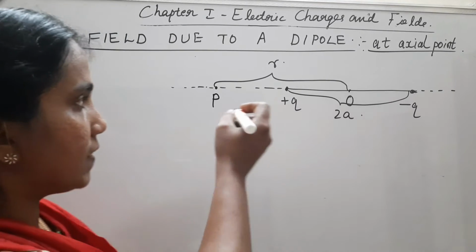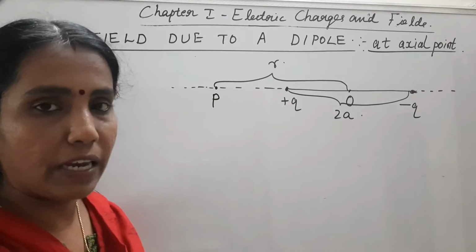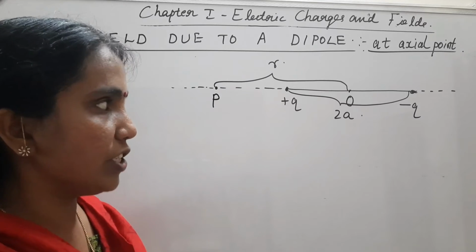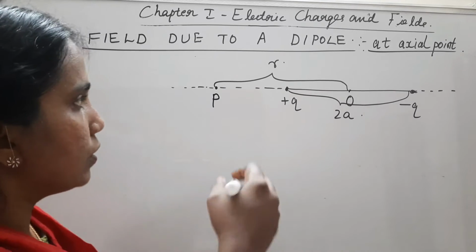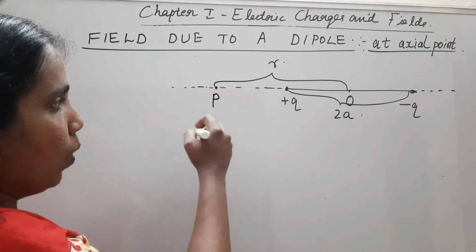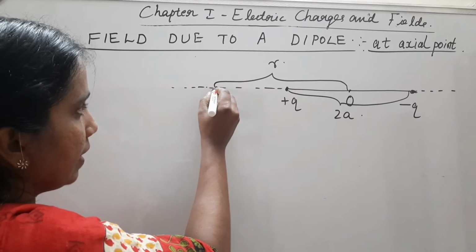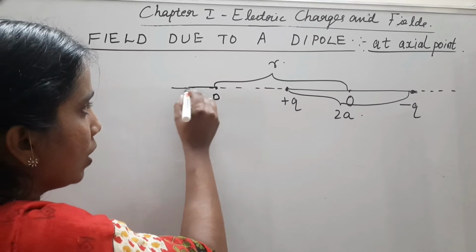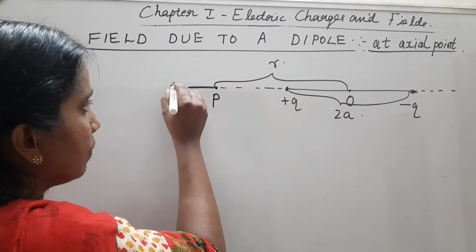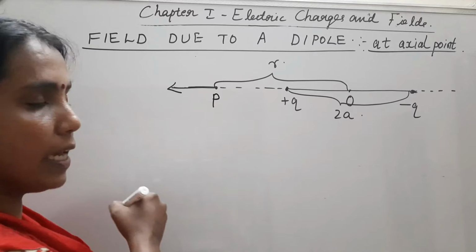First of all, let's discuss the direction of the electric field at the point P due to the positive charge and the negative charge. From the previous sessions, you know the field produced by a positive charge is in the radially outward direction. So at this point, the field will be directed radially outward.